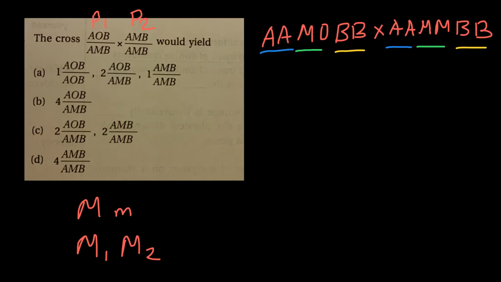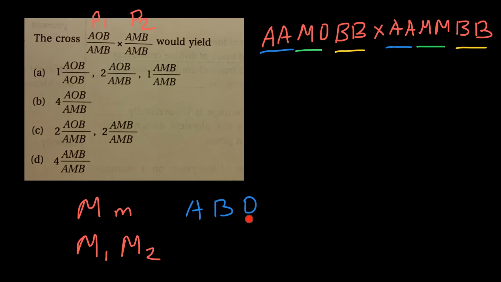The most famous example would be the ABO blood group system, where we have three alleles for the same gene: allele A, allele B, and allele O. All three alleles specify the same gene in three allelic forms.